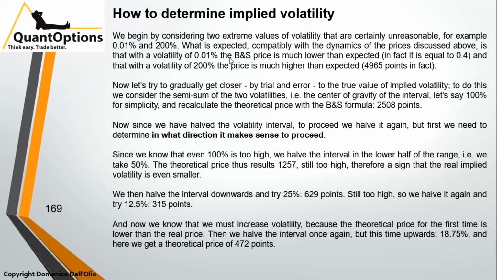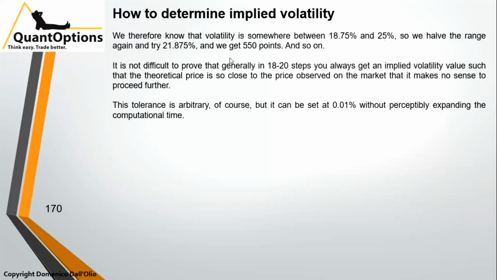And finally we get to a price lower than the expected one, 315 points. Now we know that we must increase volatility, because the theoretical price for the first time is lower than the real. Then we halve the interval once again, but this time upwards, and we try 18.75%, and we get a theoretical price of 472, and so on. Therefore, the volatility is somewhere between 18.75% and 25%, so we halve the range again and try 21.875%, and we get 550, and so on, and so on.